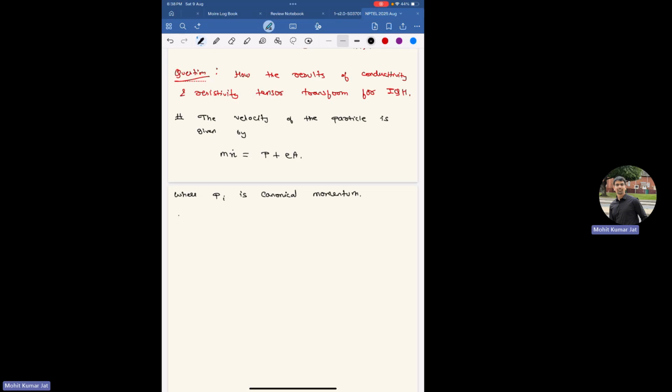How do you define the current? Current is essentially minus e times velocity, right?